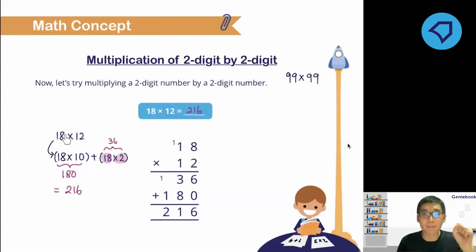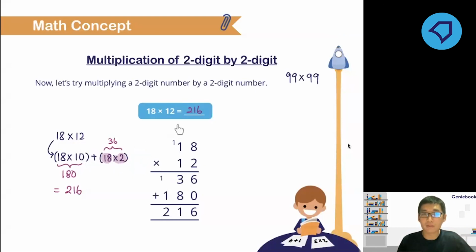Imagine I have 18 apples in one group, and I want to have altogether 12 such groups. So how many apples will I have in total? This can be simplified into 18 apples in a group, where I have 10 of those groups first, then later I have another 2 groups of 18 apples. So you see I split up the 12 into 10 and 2.